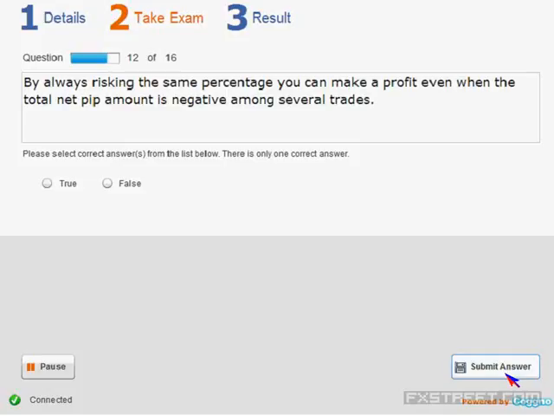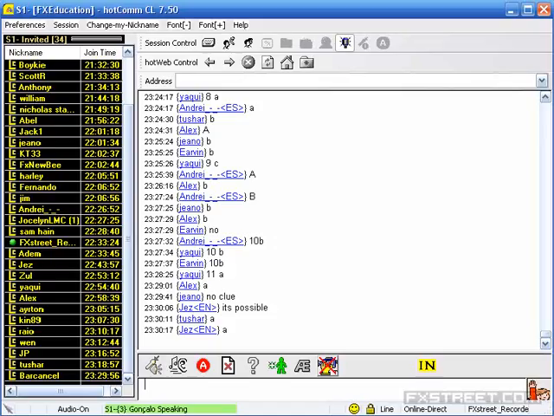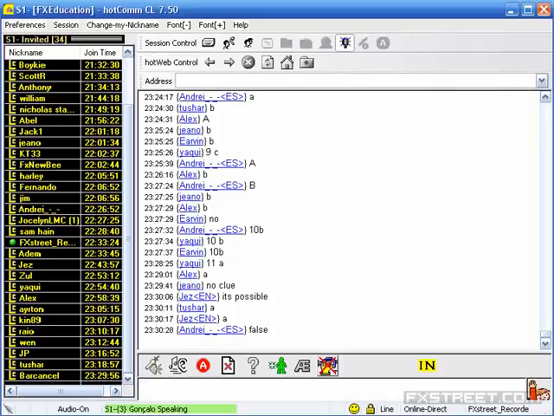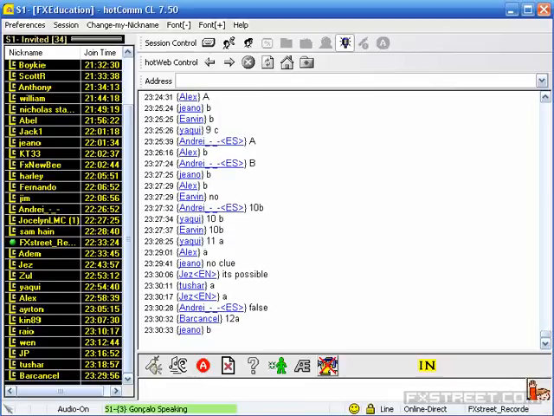Let's say if by the end of the month you have a negative PIP amount of minus 100 pips, is it possible to have a growth in the equity, to have money accumulated in your account despite of a negative PIP sum?